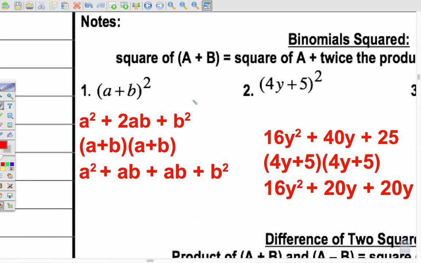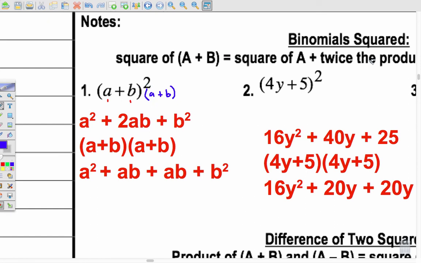So what it's saying is you have a binomial, meaning two terms, and you're squaring that. So really what this boils down to is a plus b times a plus b. That's (a+b) squared, that times itself.